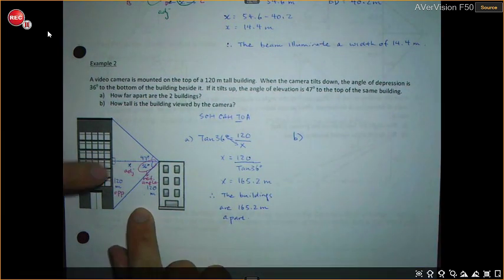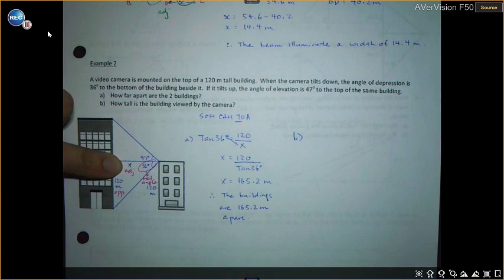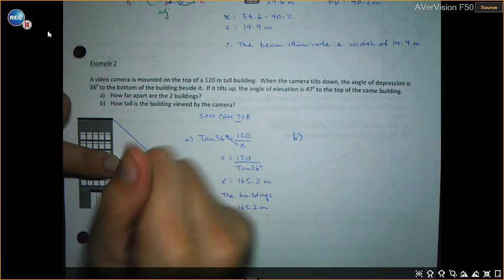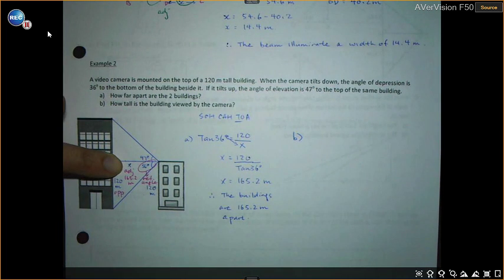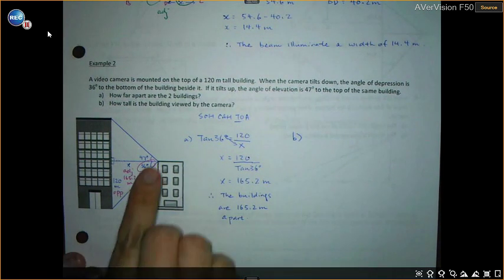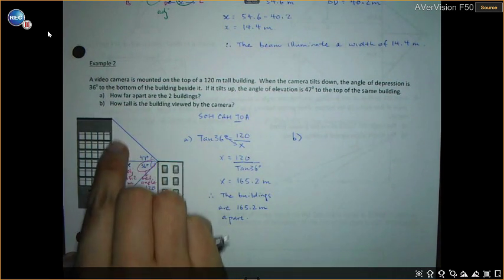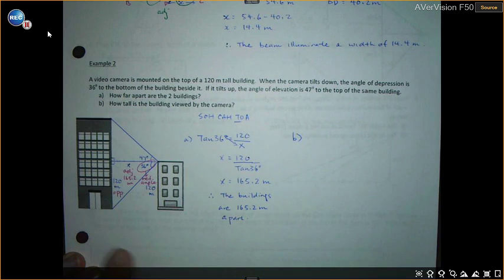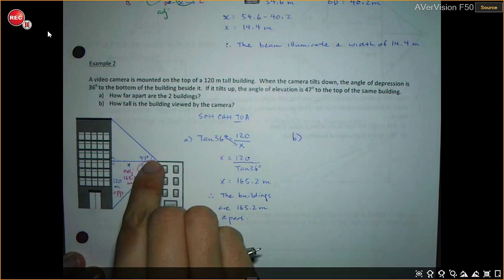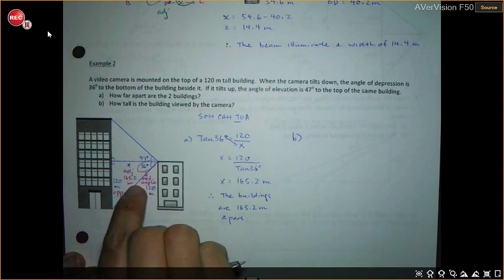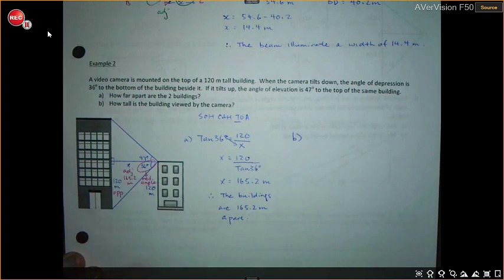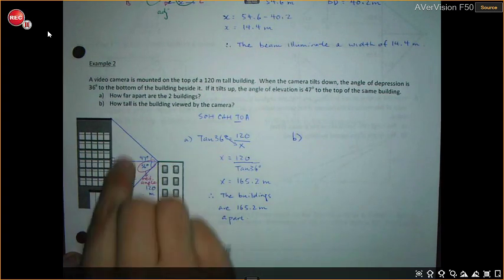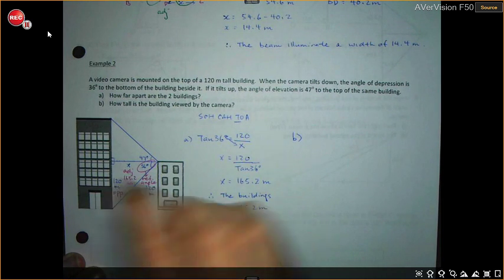We know from part A that this side is 165.2 meters. So now, to find this part, we're going to use this triangle. We do have a reference angle and another side, so we're able to find this side. Added to this side, it will give the total height of the taller building.